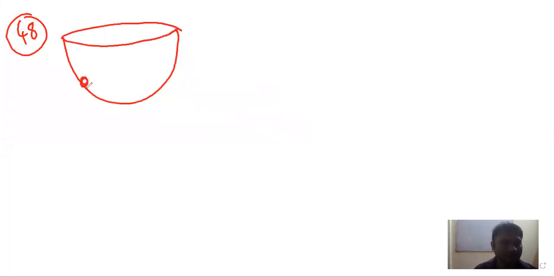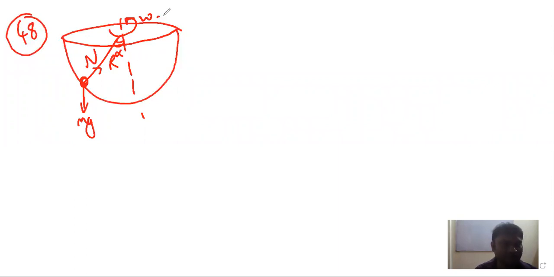We have a mass here. Radius here is R. mg force acts in downward direction. Normal reaction acts in the perpendicular direction. The radius is R, and it is kept vertical. This bowl is moving with angular velocity omega, like this. Now this angle here is alpha.